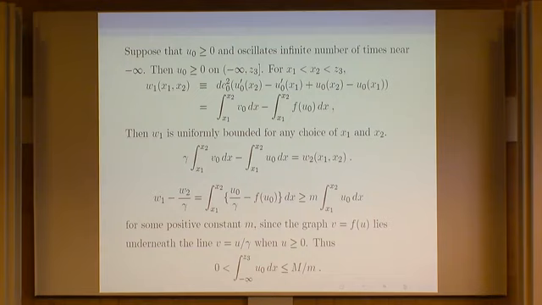But there's another possibility, like this, and it can oscillate infinite times. This is still in the class, right? And if this happens, then we cannot conclude that the solution is a pulse.